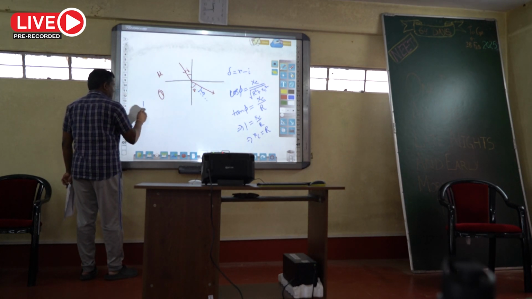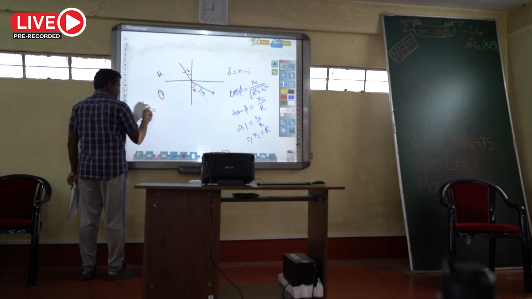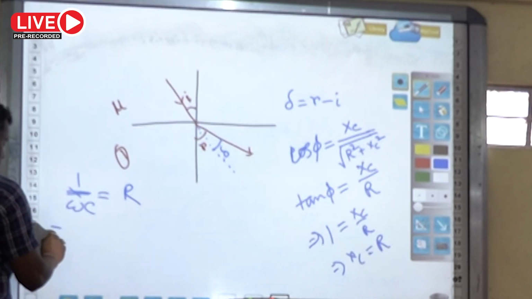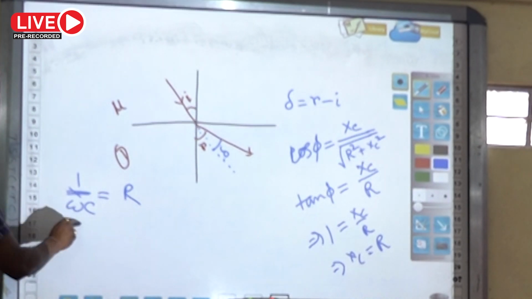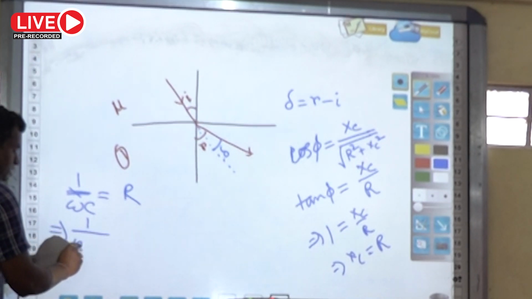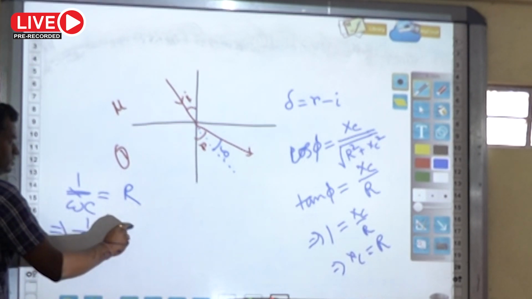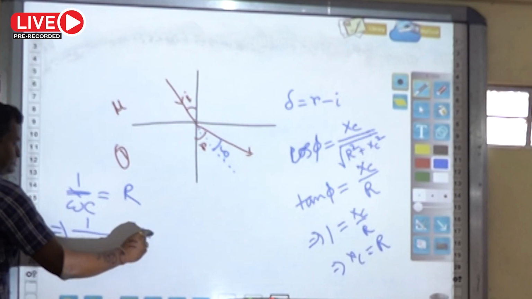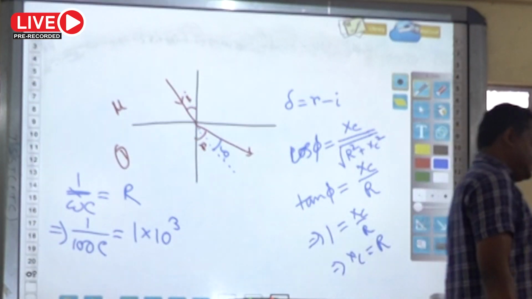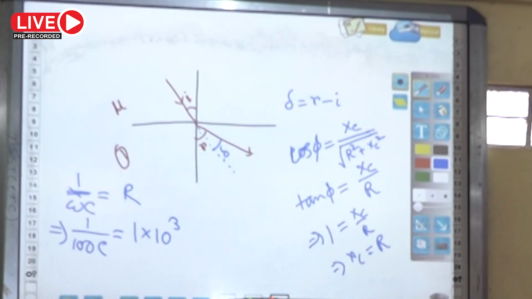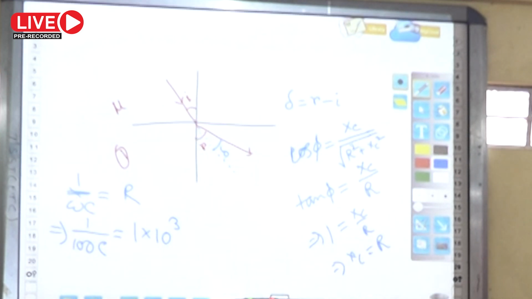XC means 1 by omega C. Then calculate: 1 by 100 C equal to 1 kilo ohm. So it is 10 microfarad. C equal to 10 microfarad. So option A is correct.